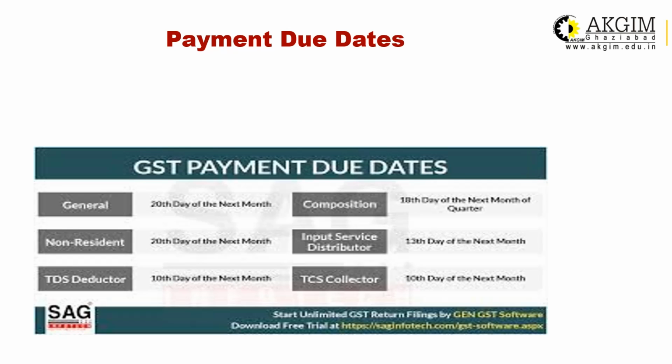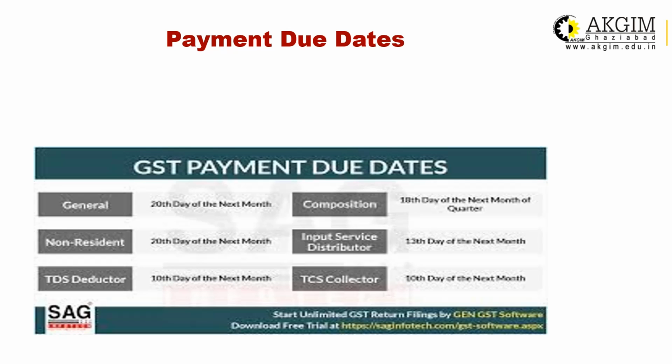For the taxpayers who are opting for the composition scheme, they are taxable under the composition scheme. The due date of tax is the 18th of the next month or next quarter. For the composition scheme, the return will be filed quarterly and tax is also payable quarterly. So the 18th of the next month after the quarter.